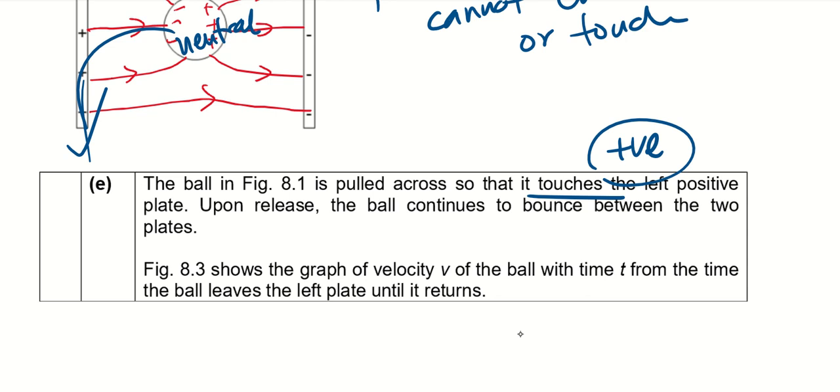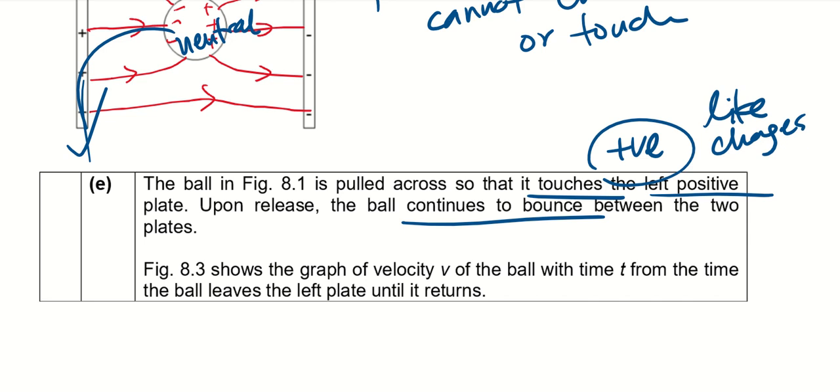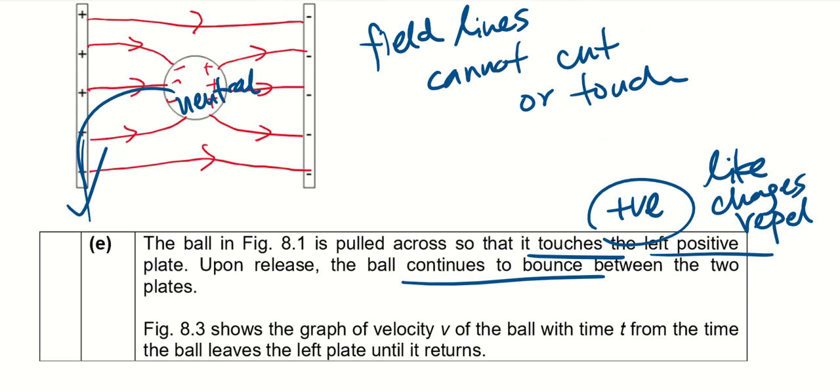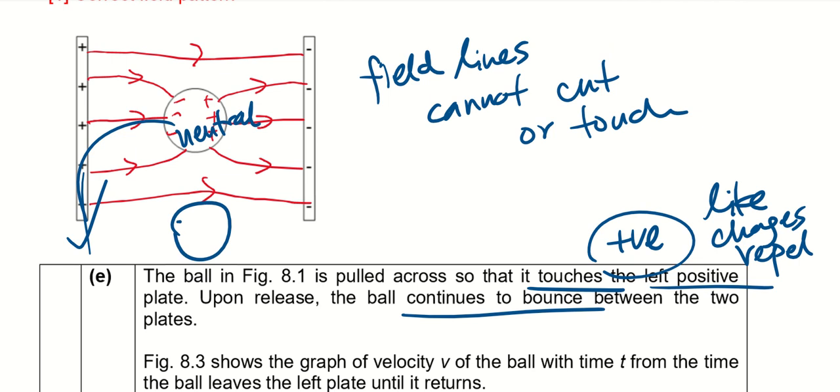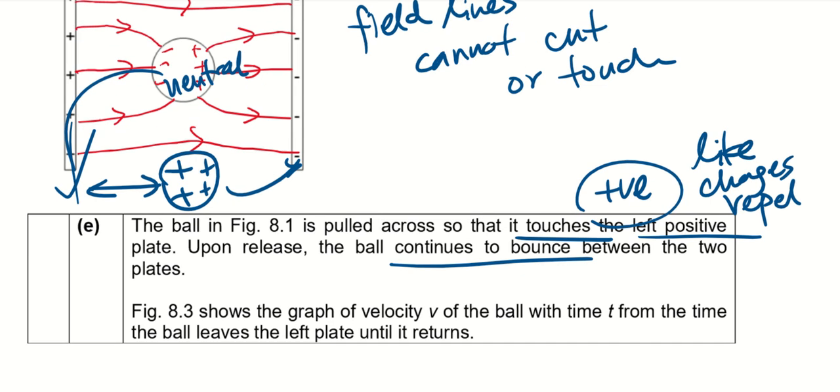Okay, so upon release, the ball continues to bounce between the two plates. When it touches the left positive plate, it becomes positive. And since like charges repel, it will then be repelled to the other side. At the same time, if it becomes net positive, it is being repelled, but also at the same time it will be attracted by the negative plate.